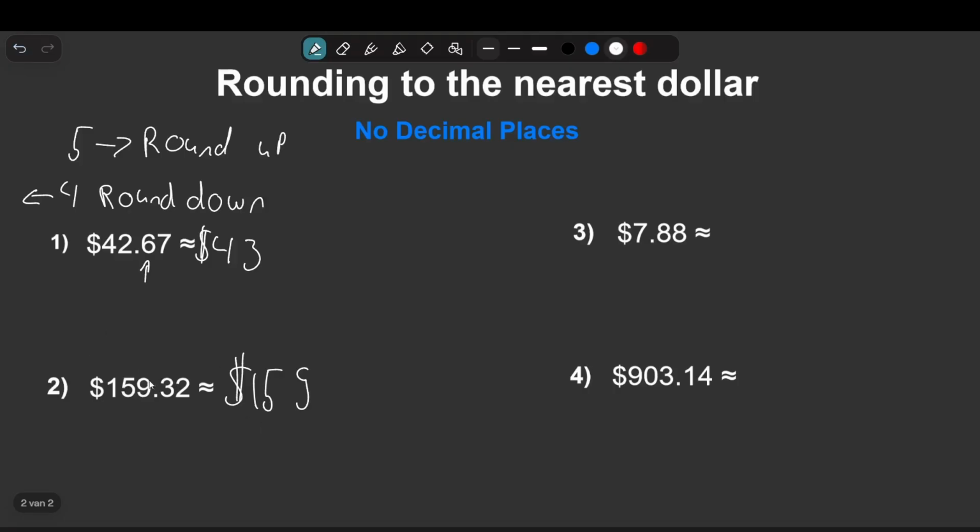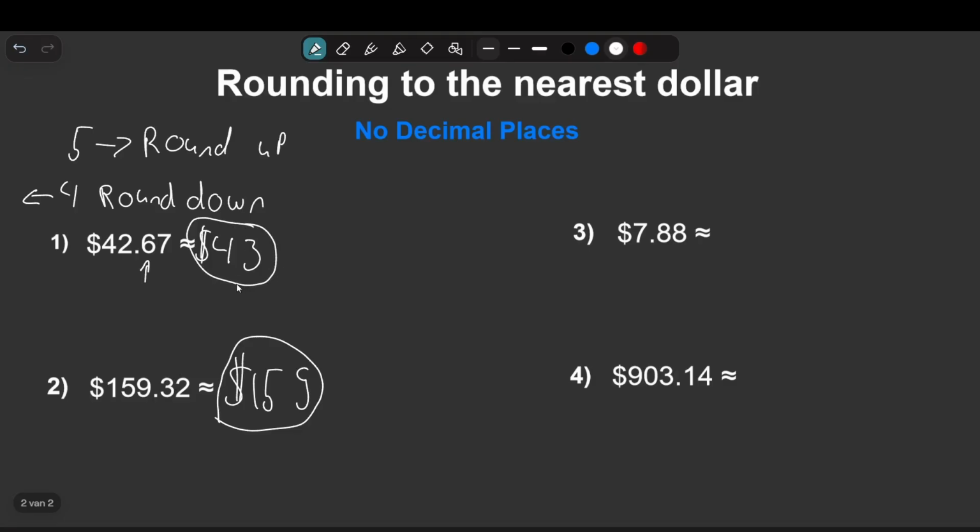And remember, this 9 doesn't become an 8 because we are just taking the decimal. We aren't rounding down the 9 exactly. Let's say if this 32 was a 62, we would be rounding up because it is 5 or higher than a 5. I forgot a little circle around this.